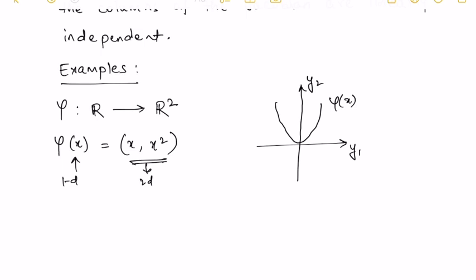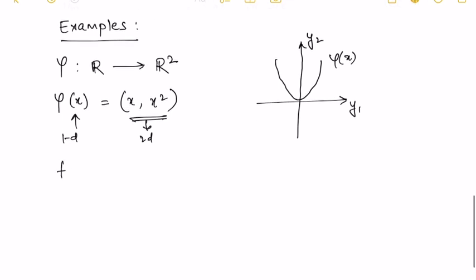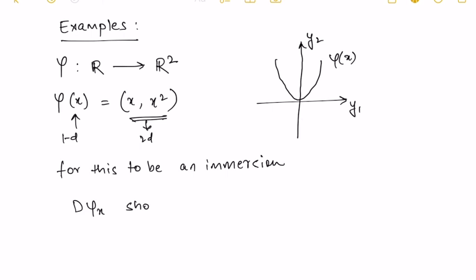Okay, now does this satisfy the immersion property? For this to be an immersion, we want the rank of d psi x to be 1, right? 1 because m is 1 here.